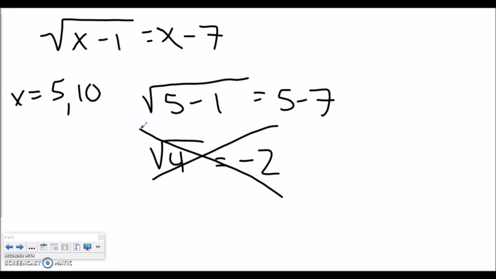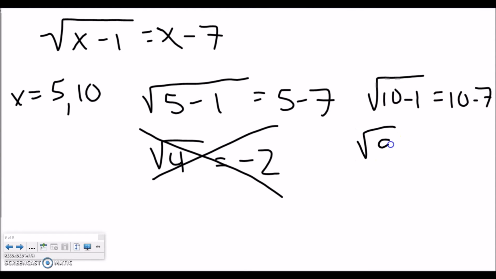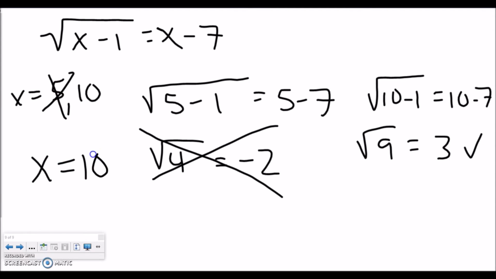The square root of 4 is a positive 2, so that does not work. Let's try the 10. Does the square root of 10 minus 1 equal 10 minus 7? Is the square root of 9 equal to 3? Absolutely. So only x equals 10 is a solution, and that's why we need to check our solutions for all of these problems.